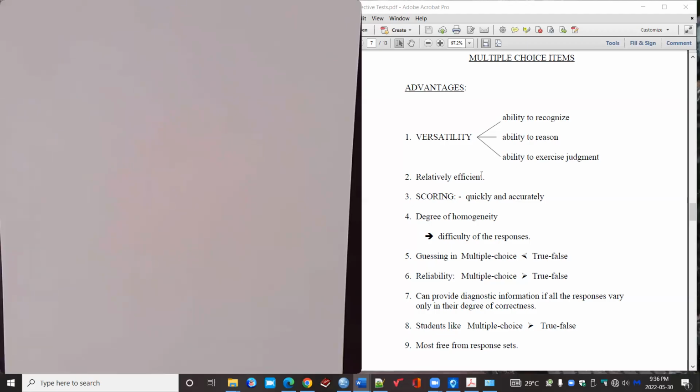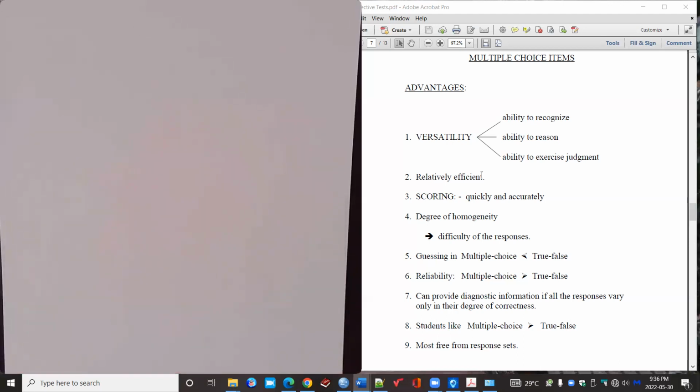So not a lot of space, is that right? But of course, you may argue that an essay is even more efficient because there are only 6 or 7 questions. That's true, but the answers are long.